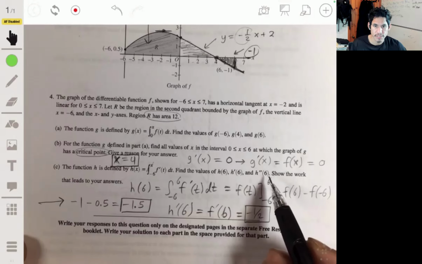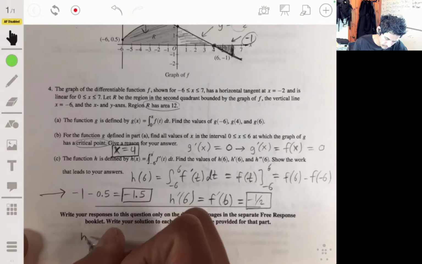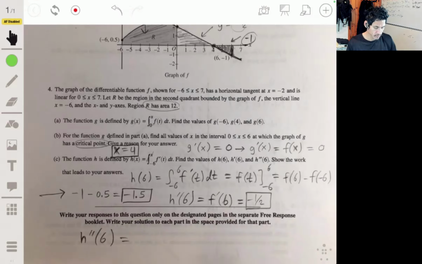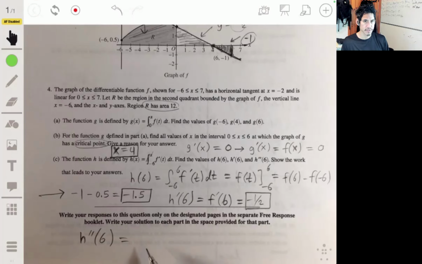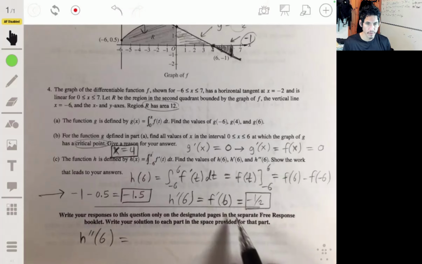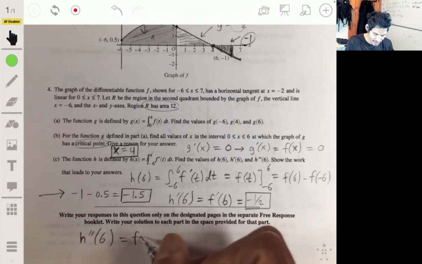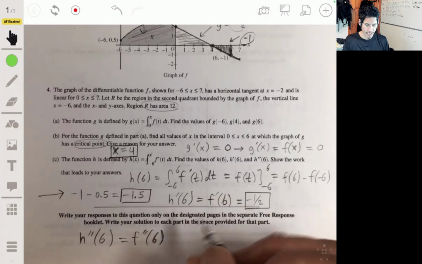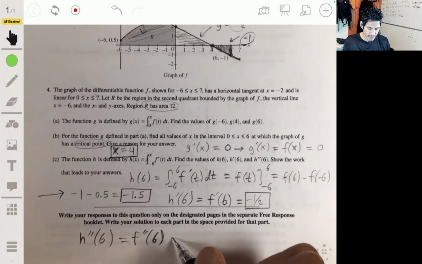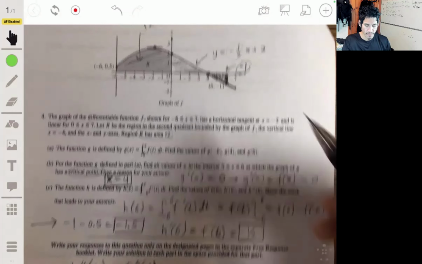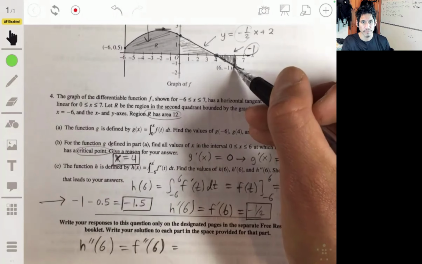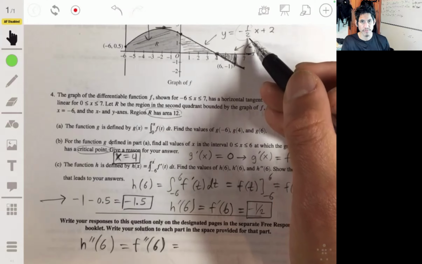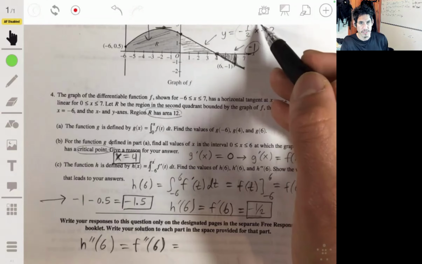And then the last one, h double prime of 6. That's going to be f double prime of 6. We're still working off of that, and we're just looking for the second derivative of f at the point 6. Since this is a straight line, you're taking the derivative of this equation twice.